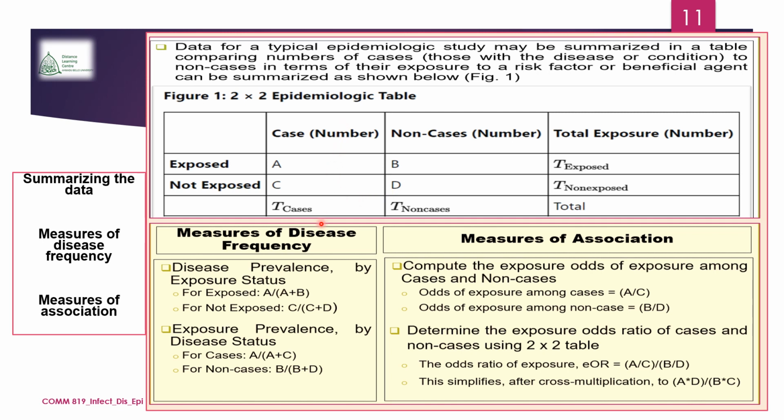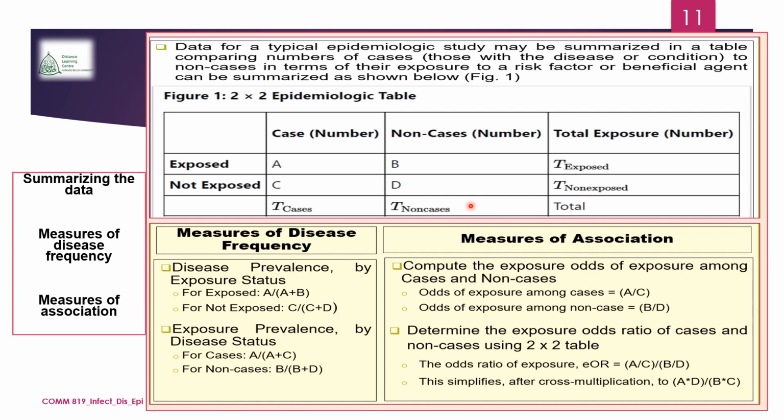So for this column, we have total cases for the exposed and the non-exposed that eventually develop that disease; that will now be your total cases. Then for the non-cases, we total here.